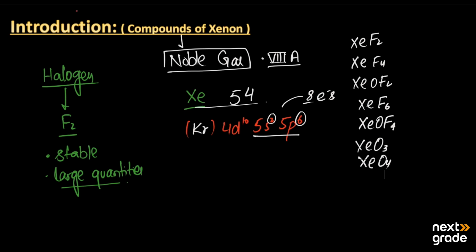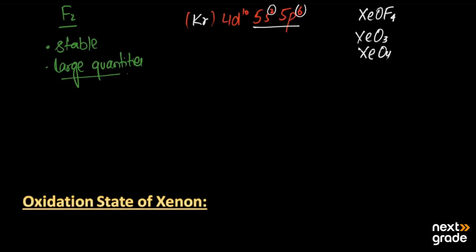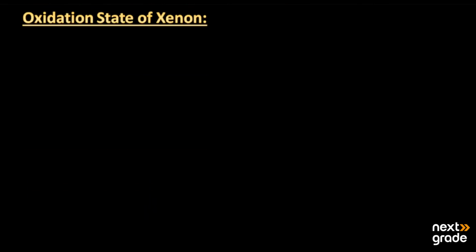Now xenon shows different oxidation states when making all these compounds. Let's have a look at this. When xenon forms these types of compounds, it shows a variation in its oxidation state, which ranges from +2 to +8.